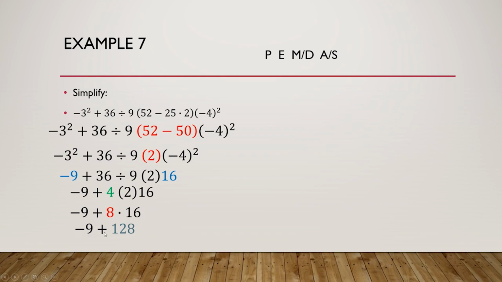And then you have negative 9 plus 128. So you're adding them together. Signs are different, so you take the difference and keep the sign of whatever is larger. You keep the sign of the 128, which gives you 119. And that's it.